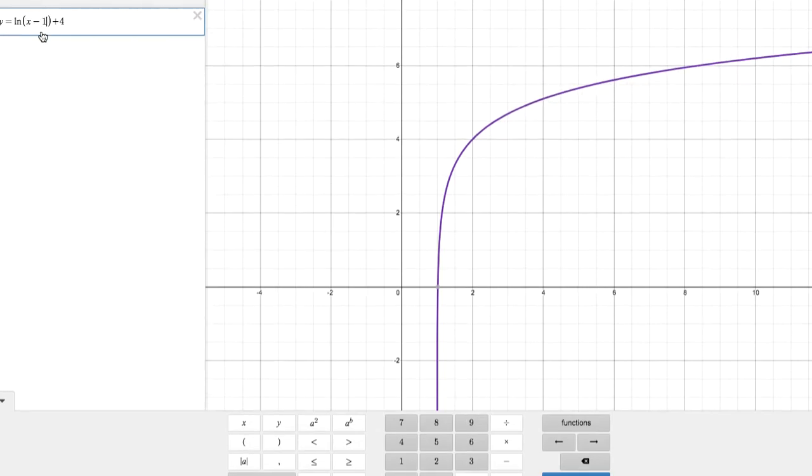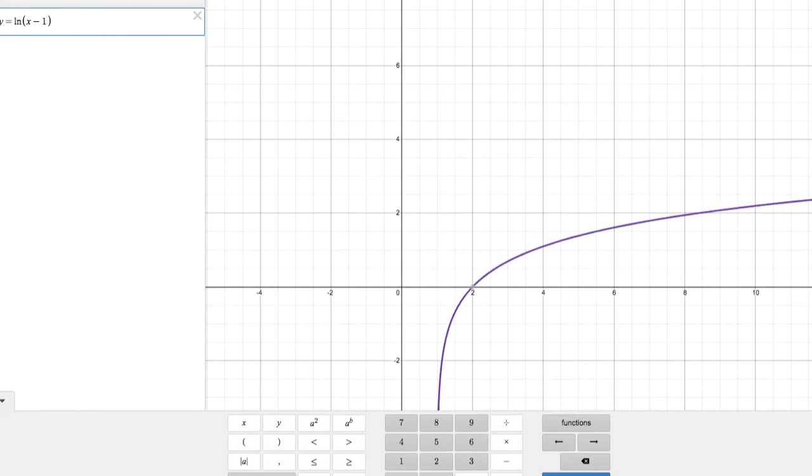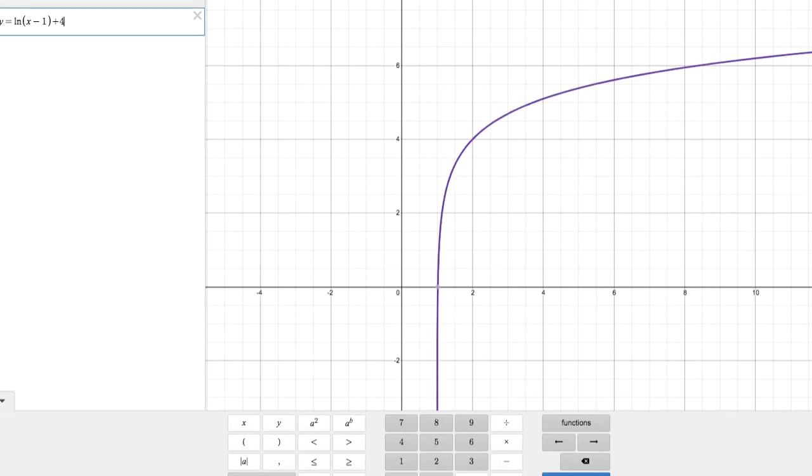That by moving with the x, it moves at the opposite value. So minus x is actually going to move it to the right. Okay, so it moved everything to the right 1, and it moved it up 4. So you can see here's our 0, and it moved it up 4 places.